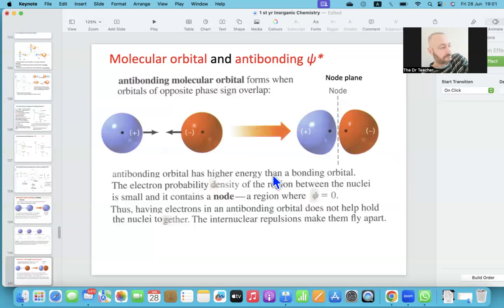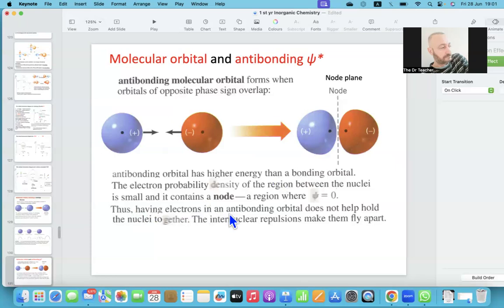So here, antibonding orbitals have higher energy than bonding orbitals. As you know, the sigma is lower in energy level, and the sigma star will be higher. The electron probability density in the region between the nuclei is small. So here, the density is small. So it contains a node, a region where psi is 0. Psi here is 0.